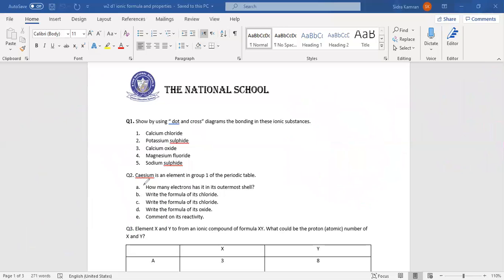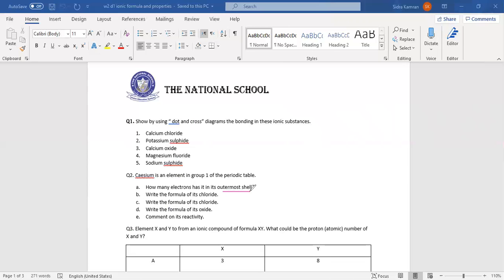Next question: cesium is an element in group 1 of the periodic table. As we know, cesium belongs to group number 1 of the periodic table. Lithium, sodium, potassium, rubidium, cesium, francium, these are all elements of group number 1. So how many electrons has it in its outermost shell?